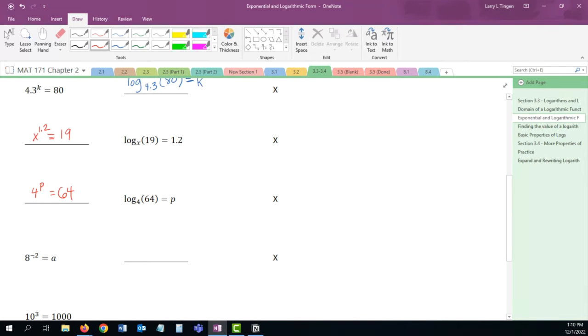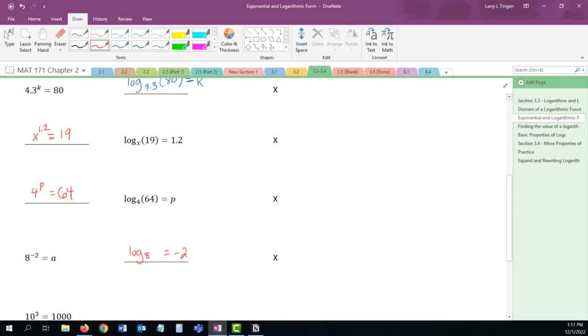Well, let's just follow the pattern here. 4 to the p is 64. Where does that 4 go? It's the new base. Well, in this problem, 8 is the base. Where does that p go? Oh, it goes on the other side of the equal sign. What do I have where the p is in the problem above? Negative 2.